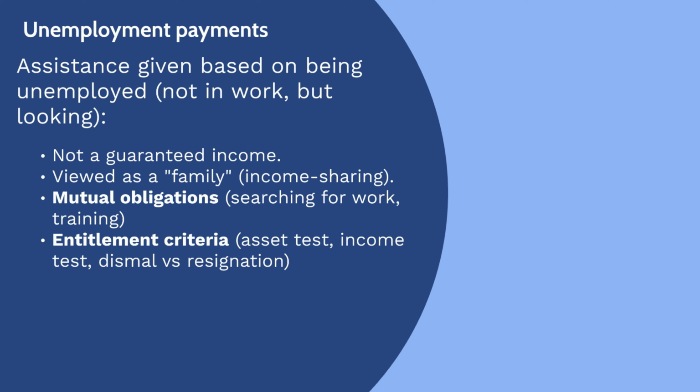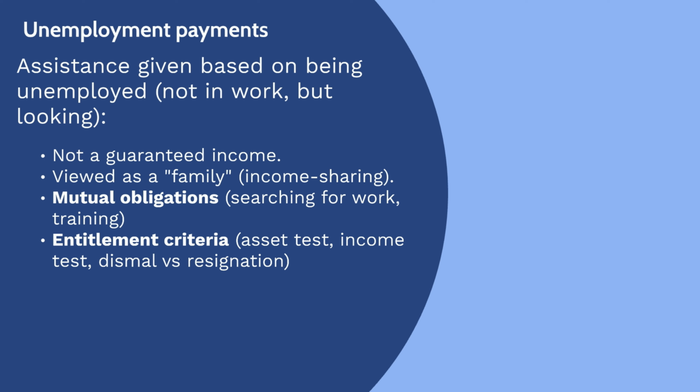And so your ability to receive an unemployment payment is affected by that. Mutual obligations are the concept of searching for work and training in order to receive the payment. You are expected to try to find a job. And the nature of these mutual obligations can change a lot and have changed a lot in New Zealand over the last 30 to 40 years.